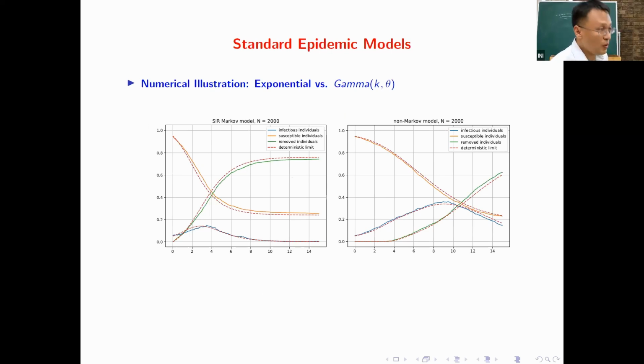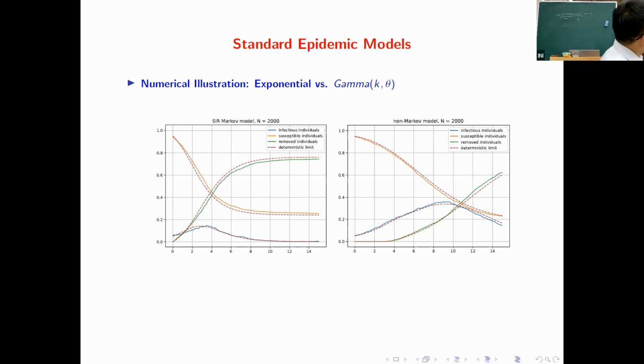Okay, so here's a plot to show the difference between the ODE and the integral equations. The left figure is the Markovian ODE dynamics, and the right figure is the non-Markovian integral equation solutions.